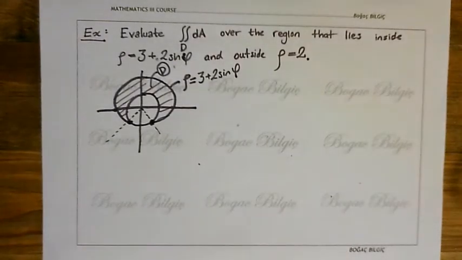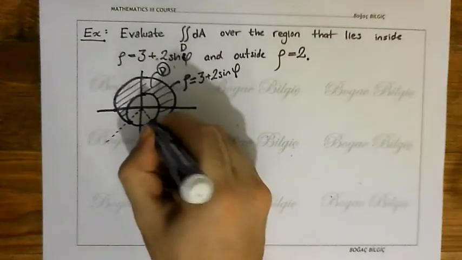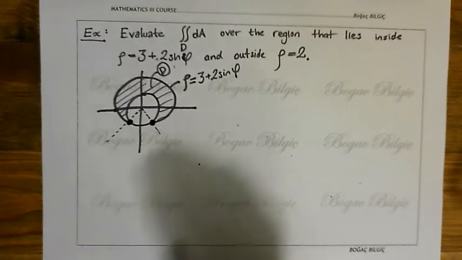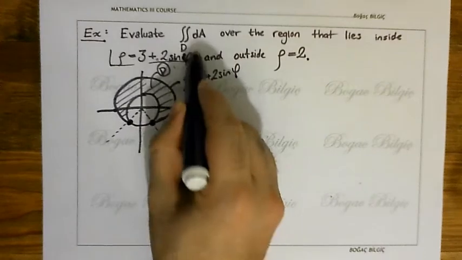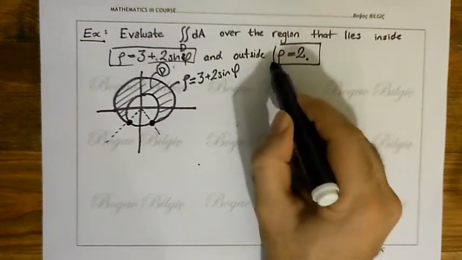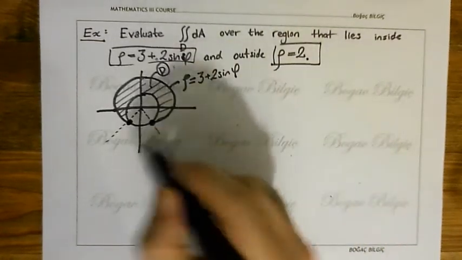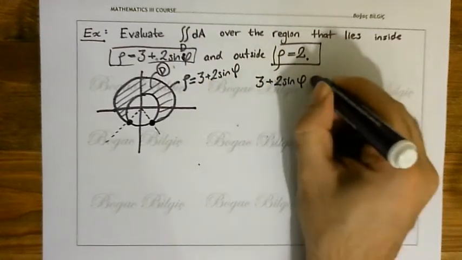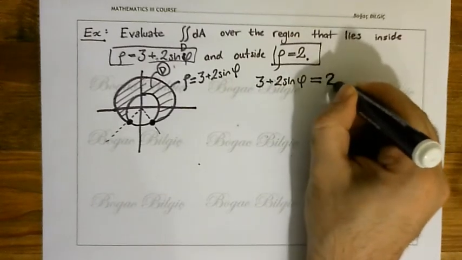We need to know the values of phi for which the two curves intersect. This is an important point. We can determine these points by setting the two equations equal and solving. The first equation is this, and the other equation is rho equals 2. So 3 plus 2 sin phi is equal to 2.